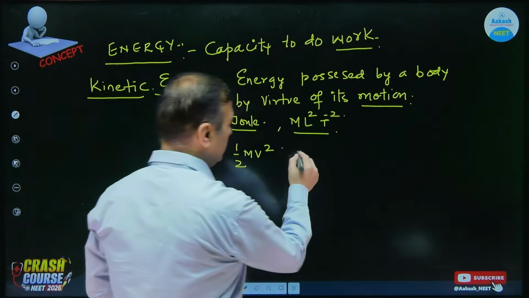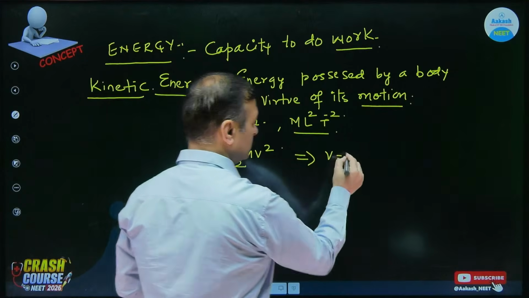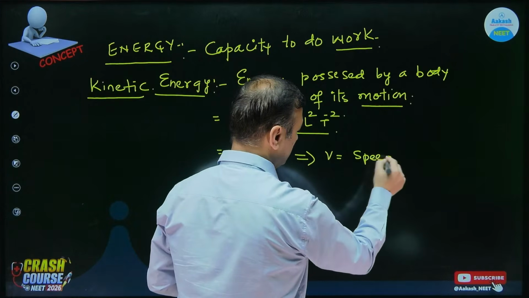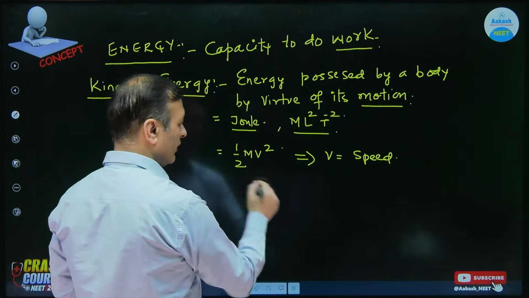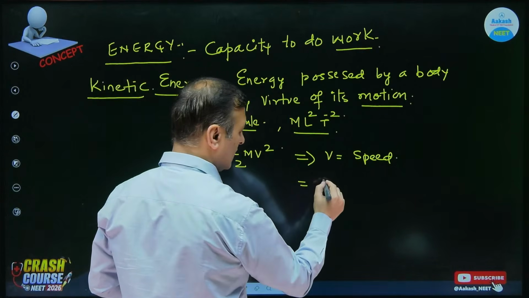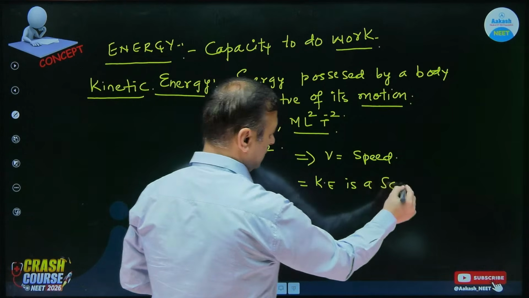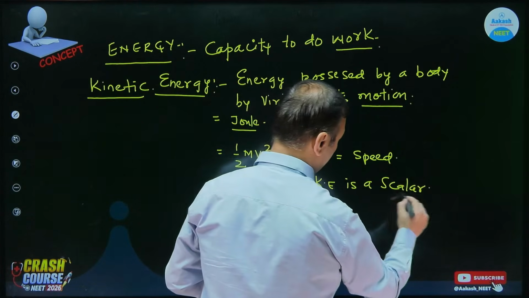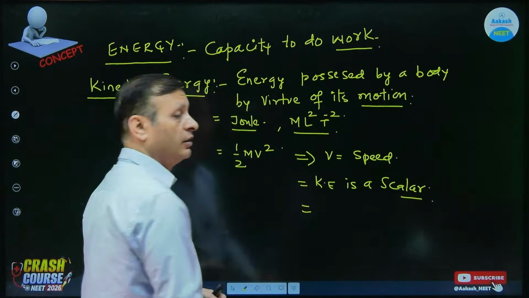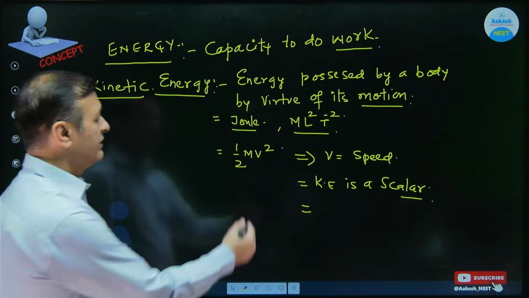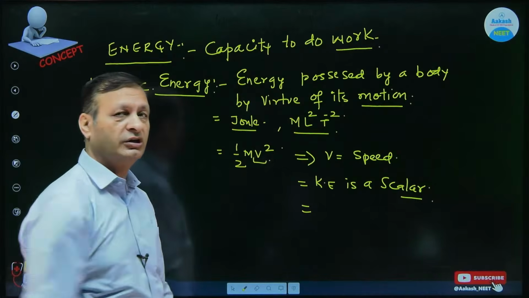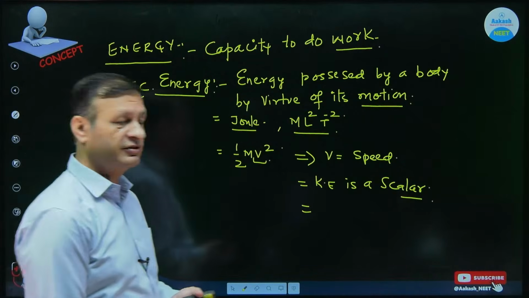where this v is basically speed. And when you write down half mv square, this kinetic energy is a scalar physical quantity. When you say v, v depends on the frame of reference, coordinate system.